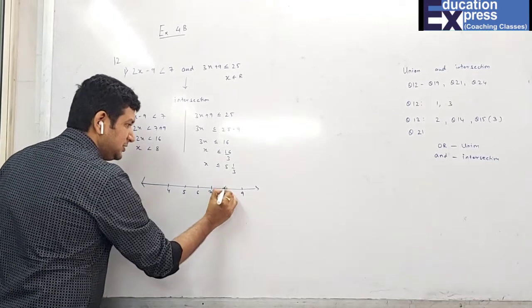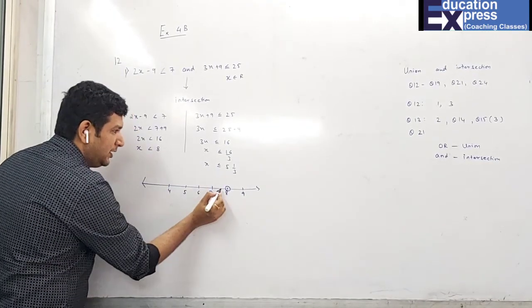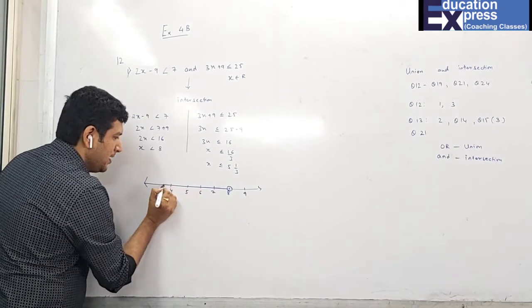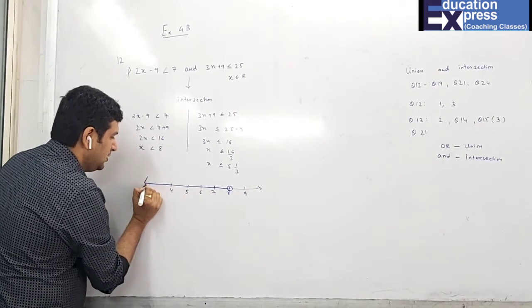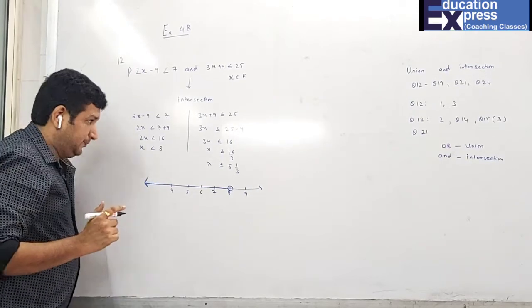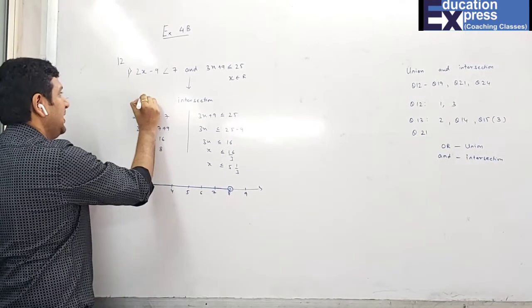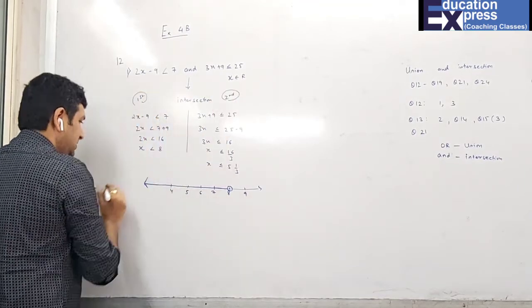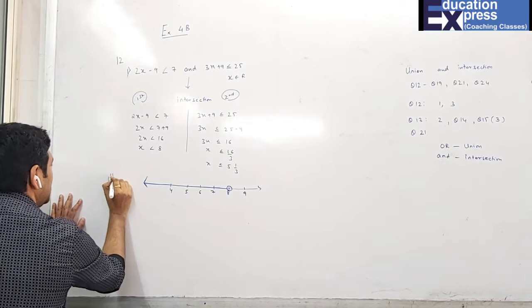So 8 is a hollow circle because it is not included, and it's infinite because there is no limit on the other side. This is the plotting for the first line.